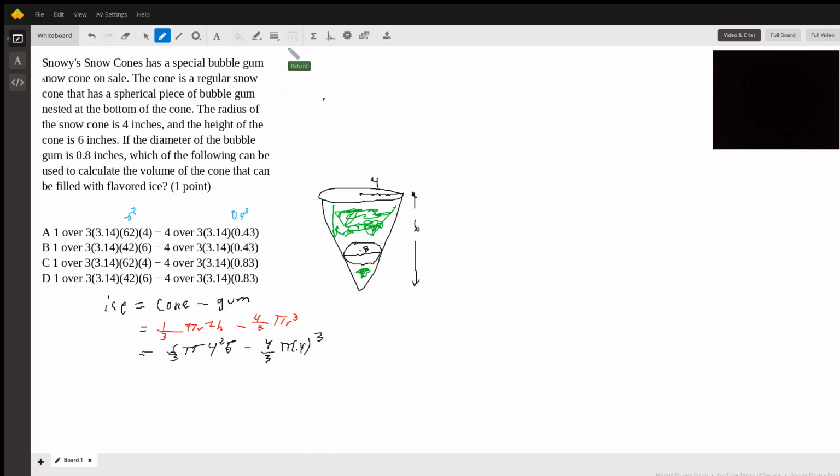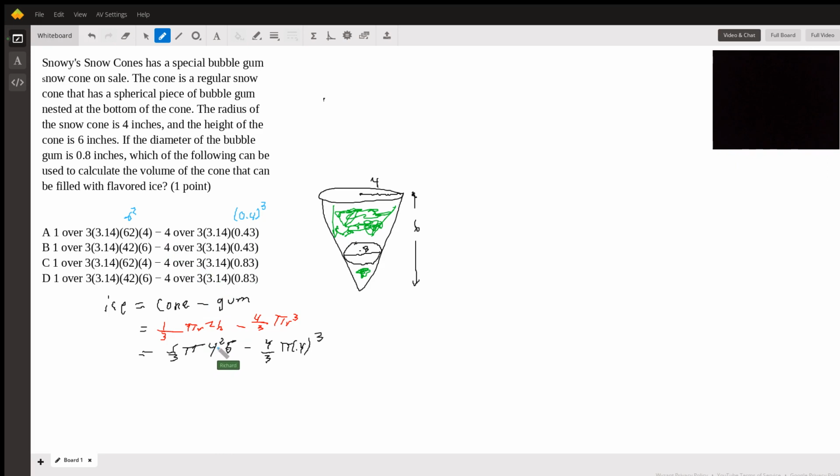Let me rewrite that better, because technically you'd have to write it 0.4 cubed. You see, when I do this, you can see what's going on. This is 6 squared, and then this is 0.4 cubed.